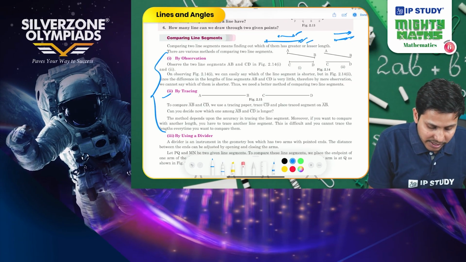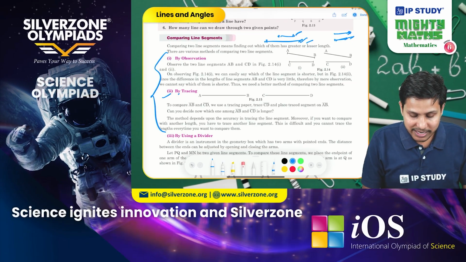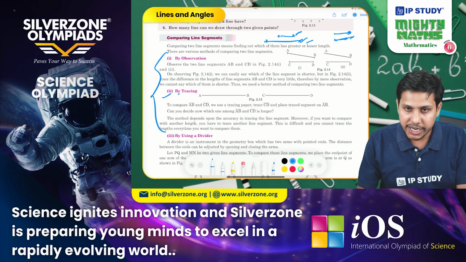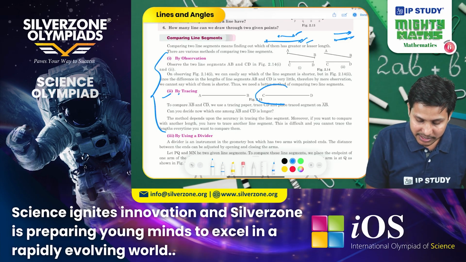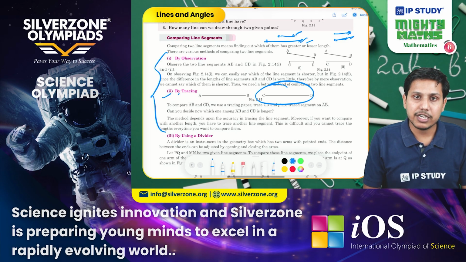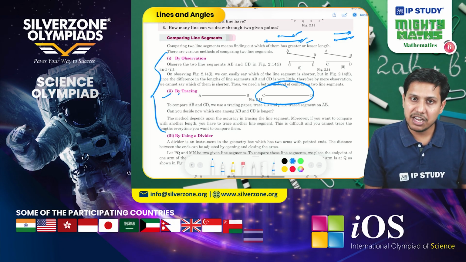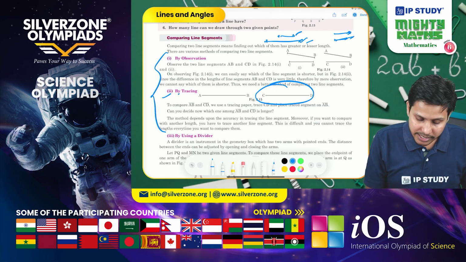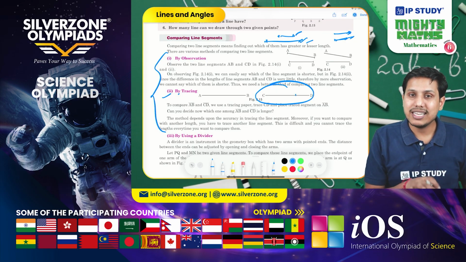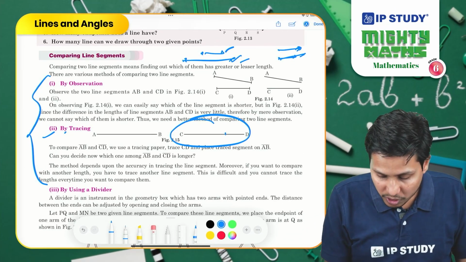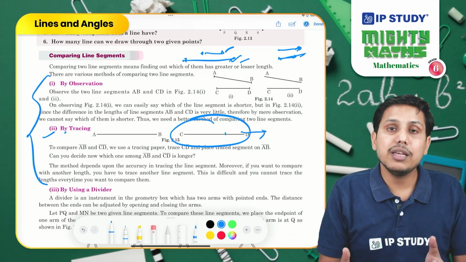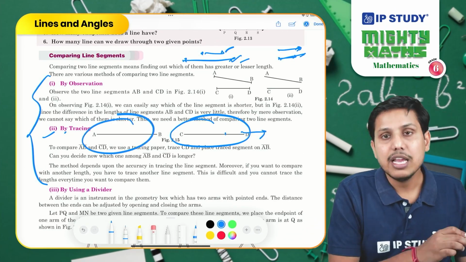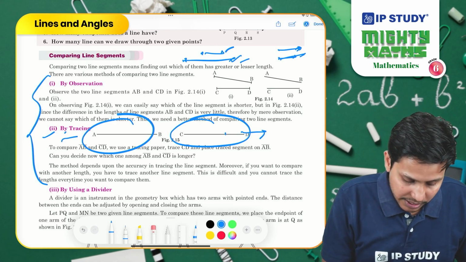So we use tracing, where we trace AB first and put it on the second line segment CD, and if it fits onto it, it is equal in length. If it becomes slightly less than CD, then CD is the bigger length, and if it crosses CD, then AB will be the bigger line segment.